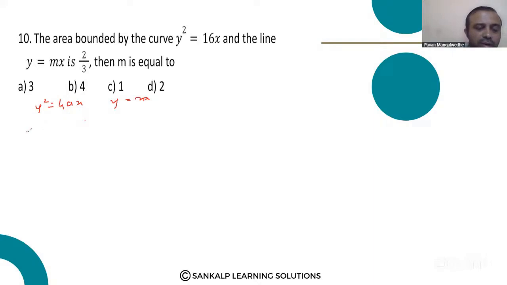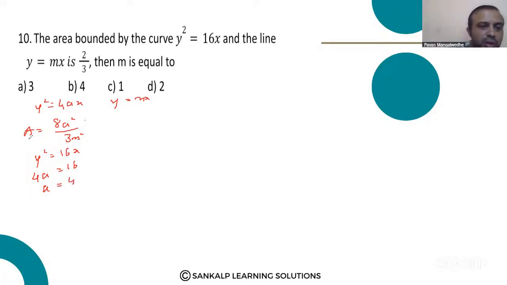Applying the formula, the area A is 8a square upon 3m square. So y square is equal to 16x, where 4a is 16. So a is equal to 4.